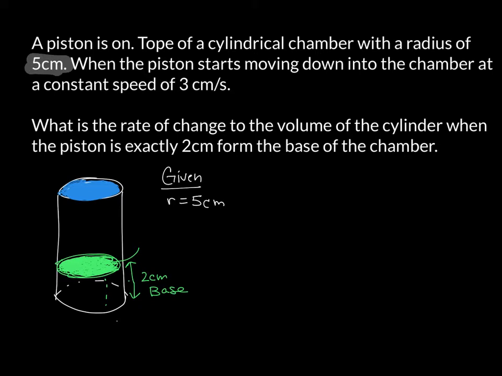In order for us to decide what rate this is, it's important to look at the cylinder itself. We have the volume of a cylinder, which is part of our known information, and it is pi r squared times the height.